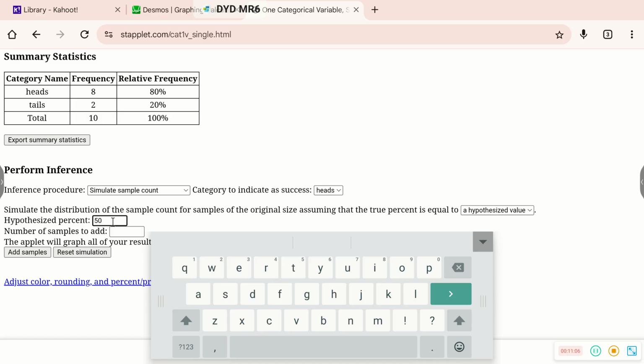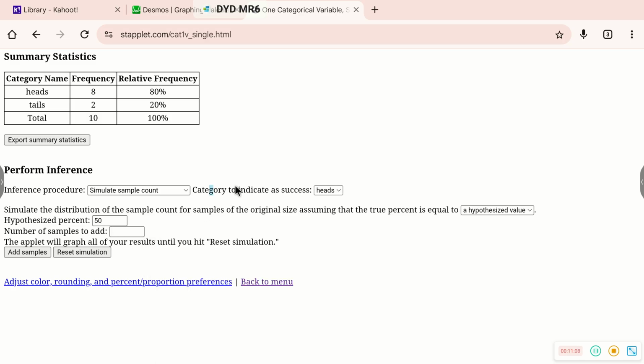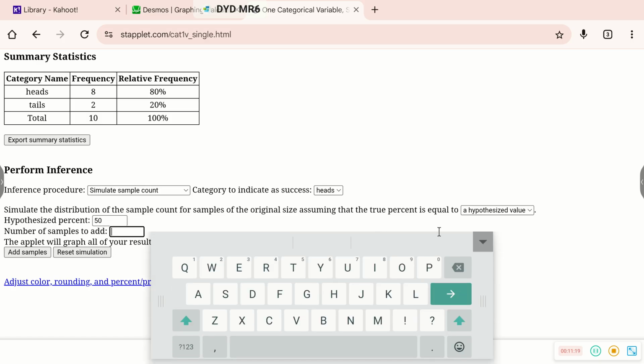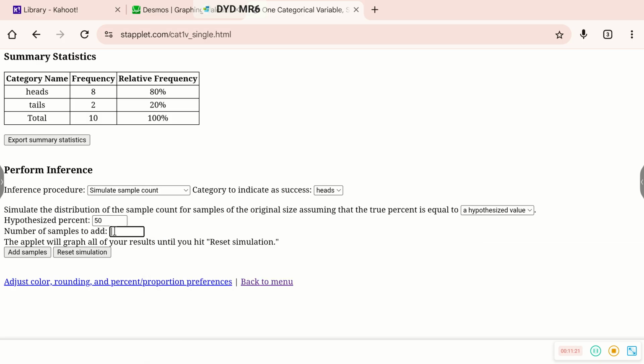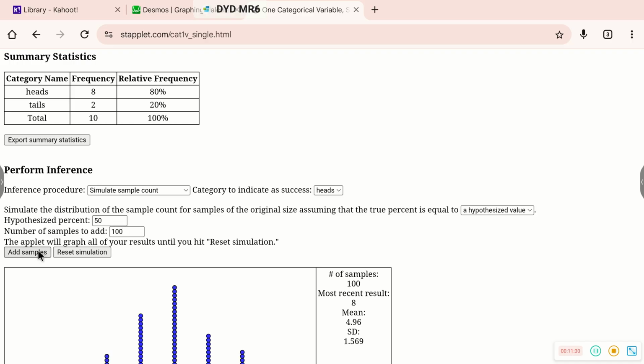So our hypothesized percent is 50. The category to indicate success is heads. We're going to assume that there's a 50% chance of getting heads. Now let's say we do this 100 times: we flip a coin 10 times, and we do it 100 times.